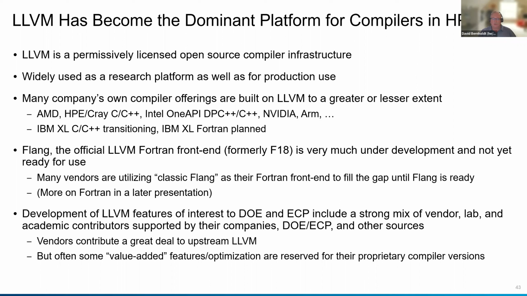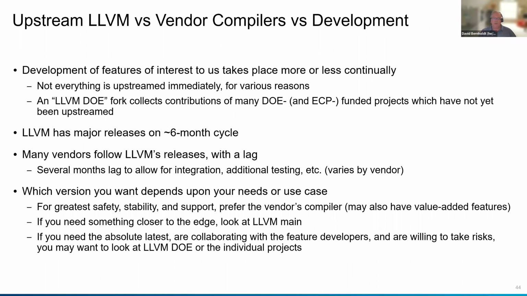And so through ECP and through vendor contributions and other things, there's a lot of development work going into LLVM to support things that are of interest to our community. And so the vendors are participating, contributing upstream as well.